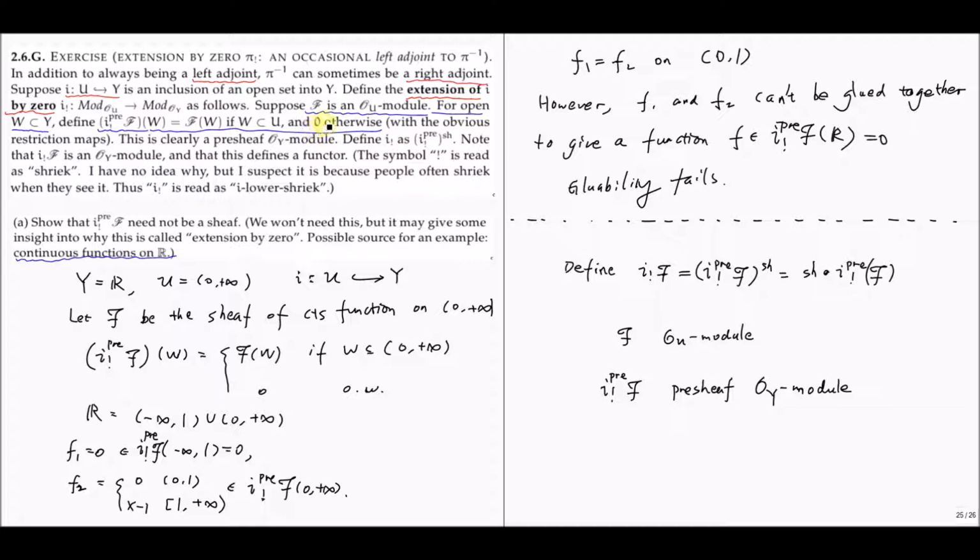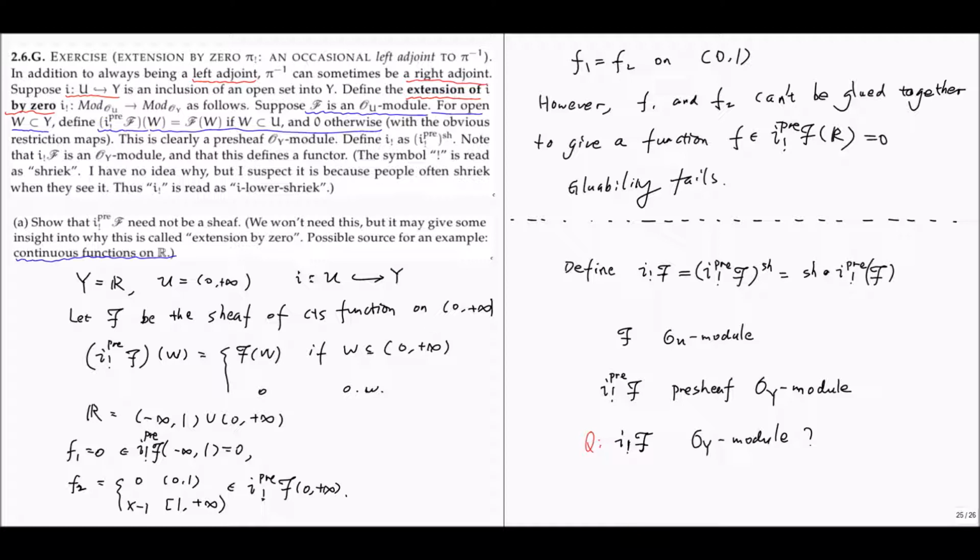A scalar multiplied by 0 will be defined to be 0. Now here's a question. Can we prove the i shriek F we have just defined to be an O_Y module?